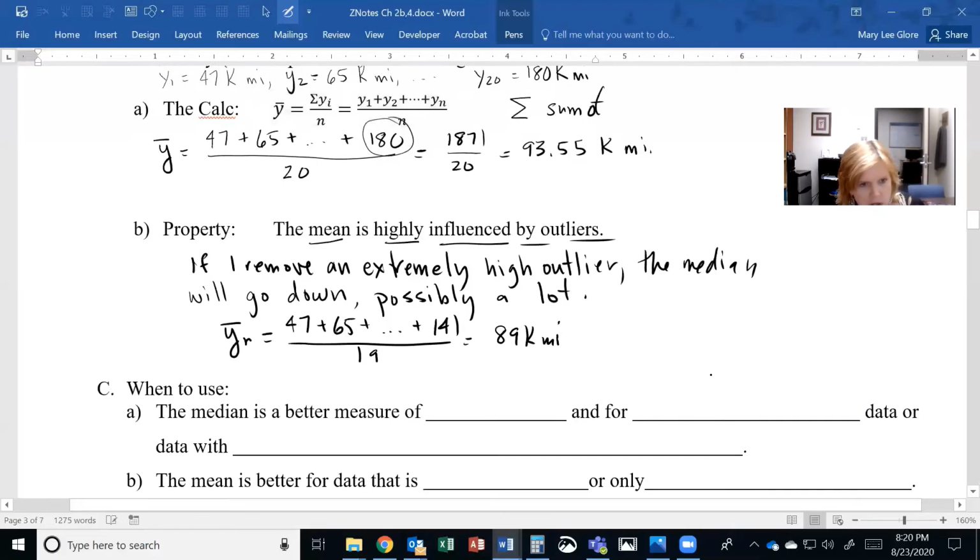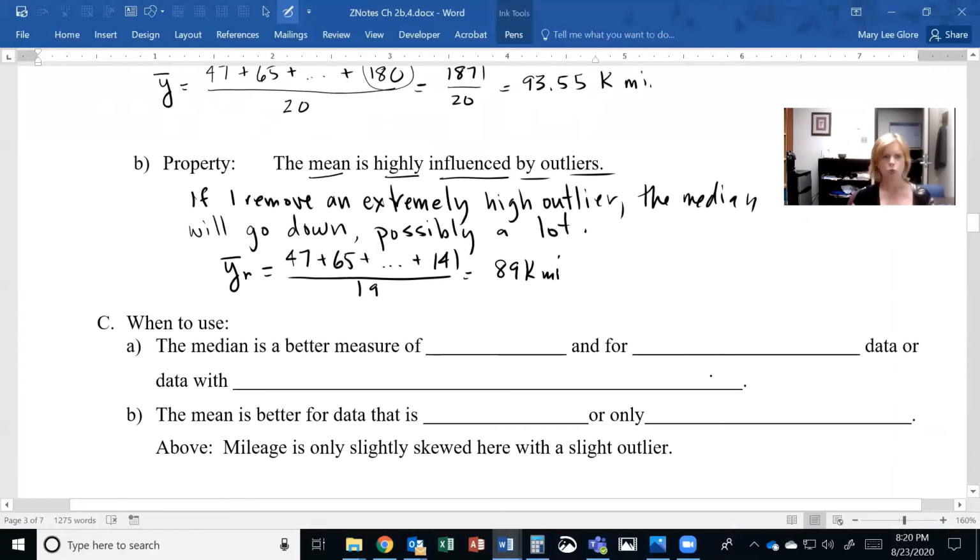So the question comes: when to use the median, and when to use the mean. These are both measures of center. The median is a better measure of center for very skewed data, or data with extreme outliers.